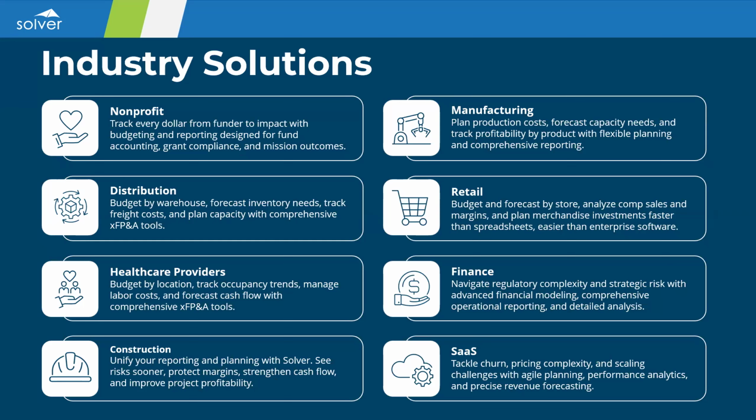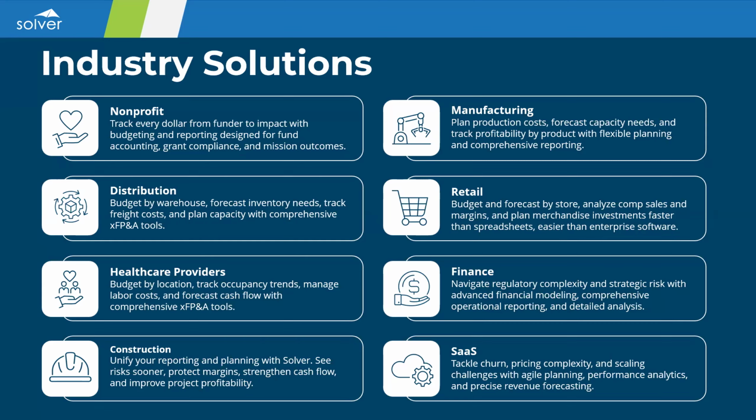What these are really are pre-built templates and pre-built data connectors that can be easily leveraged, for example, for a nonprofit industry. So when you are installing Solver for a nonprofit business, we have those ready to go, and it really accelerates your configuration time so you can get to go live much quicker.